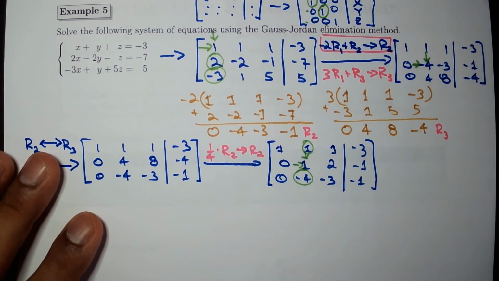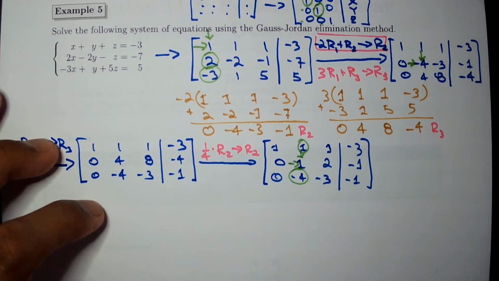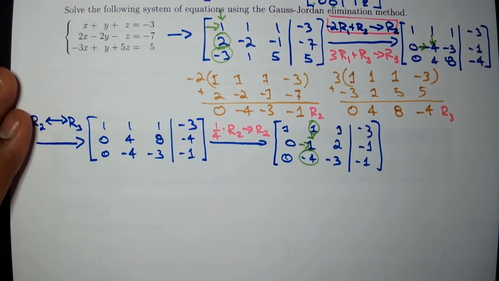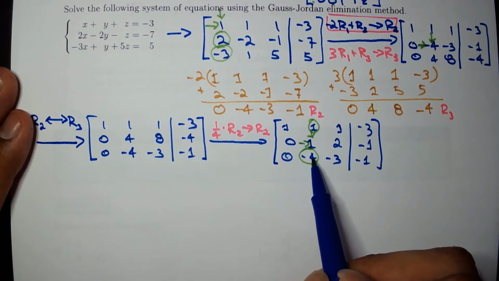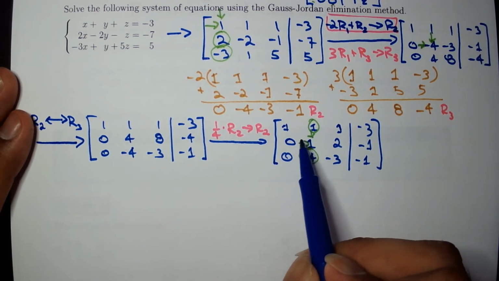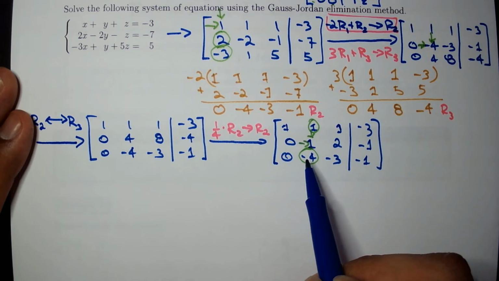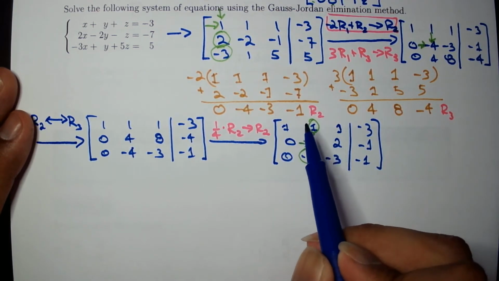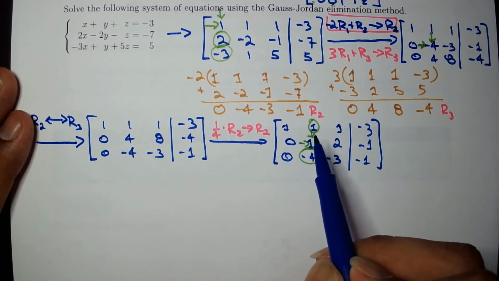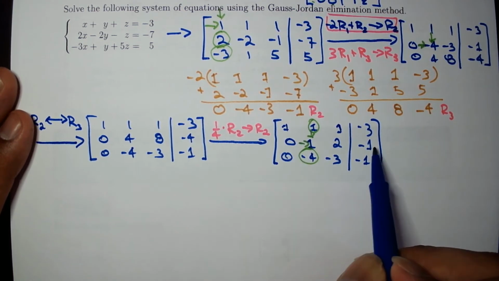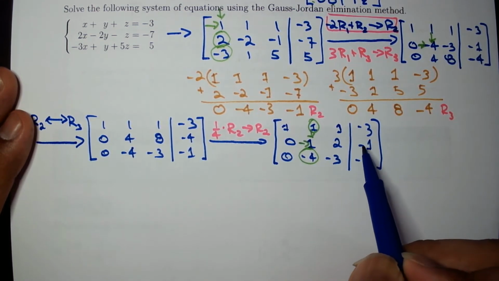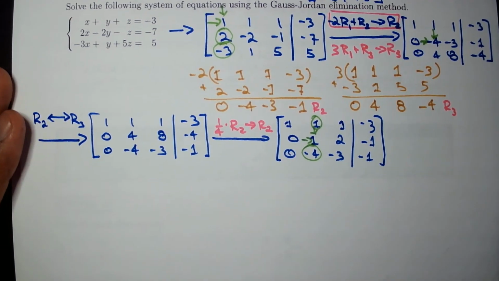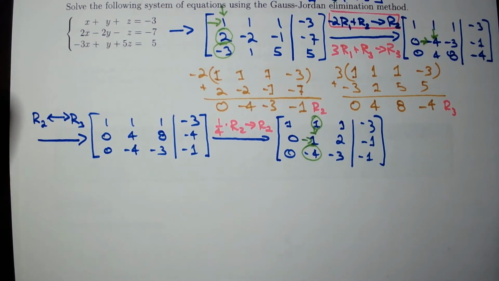So how are we going to do that? Well, we need to do essentially two operations here. To turn that into a 0, I need to multiply the second row by 4 to add with -4 to give us a 0. And then on the other hand, for the top row, to have a 0 here, I need to multiply the entire row by the opposite, which is -1. And that's exactly what I am going to do here.